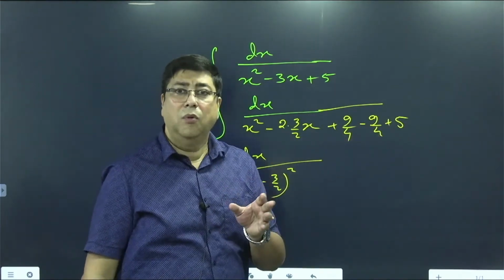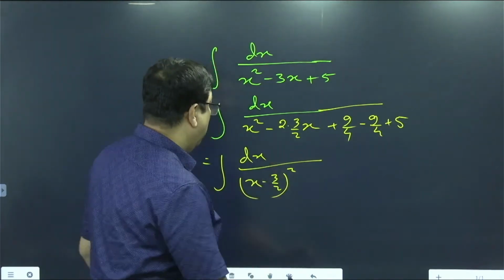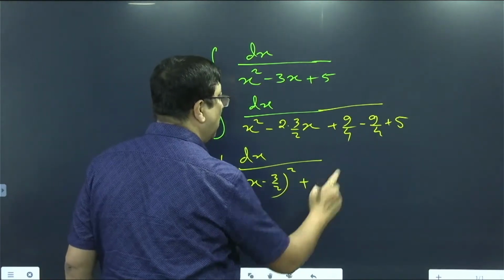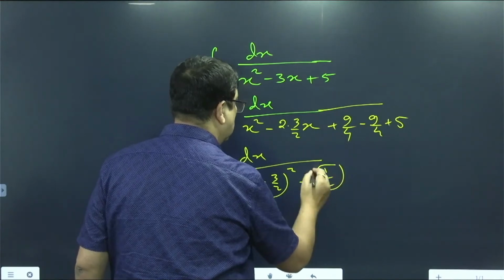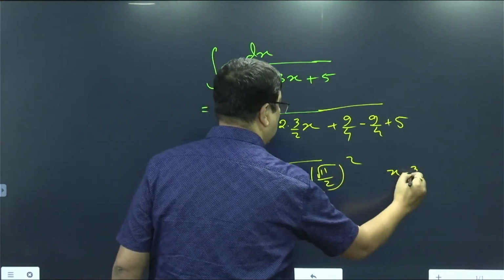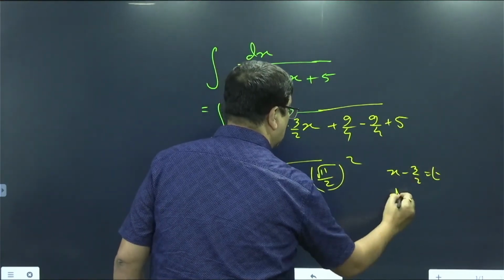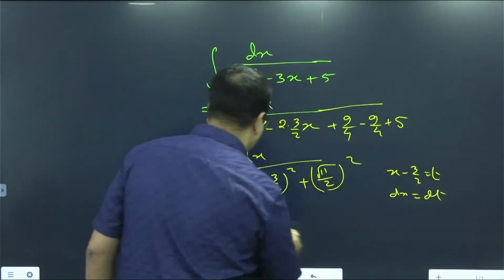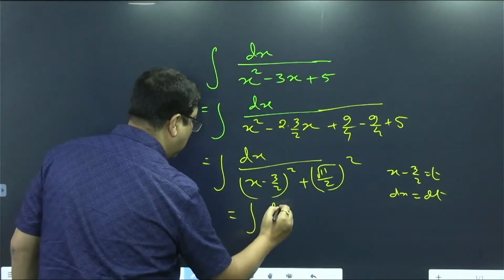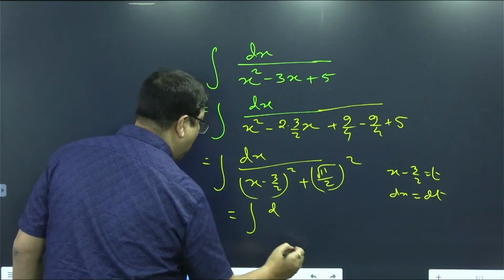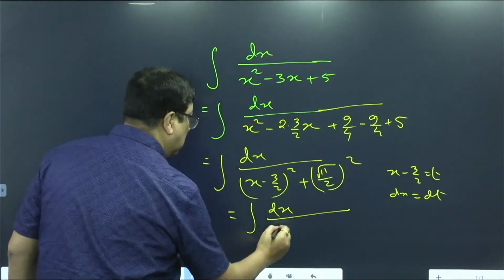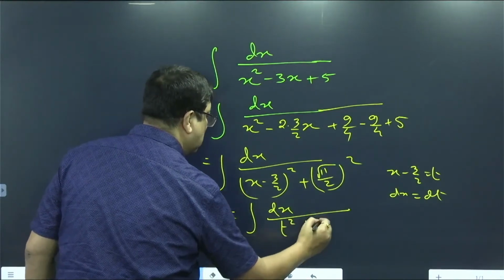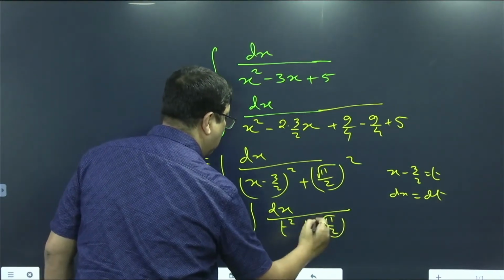Constant may be anything. We can manipulate the constant. Therefore, we can write this as 20 minus 9, it means root over 11 by 2 whole square. Now, take x minus 3 by 2 as t. So, dx equal to dt. So, everybody, continuously I am telling you that we are doing totally board level preparation on substitution. So, t square plus root over 11 by 2 whole square.